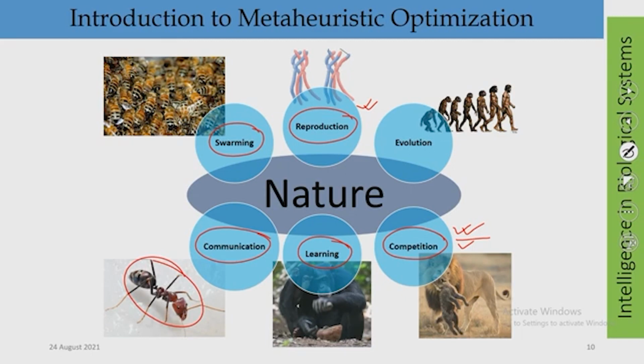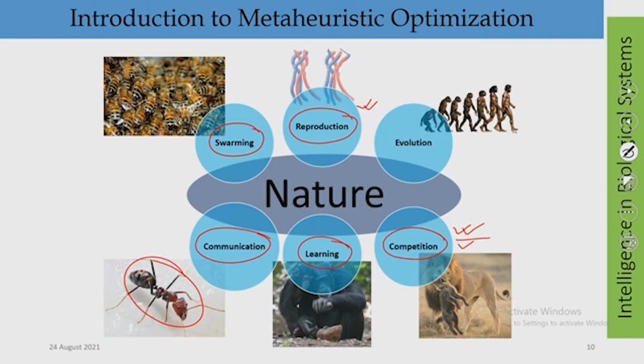They are not moving arbitrarily. They have optimized the process so that they can reach the food using the shortest distance. Similarly, other phenomena happening in nature are also optimized processes.